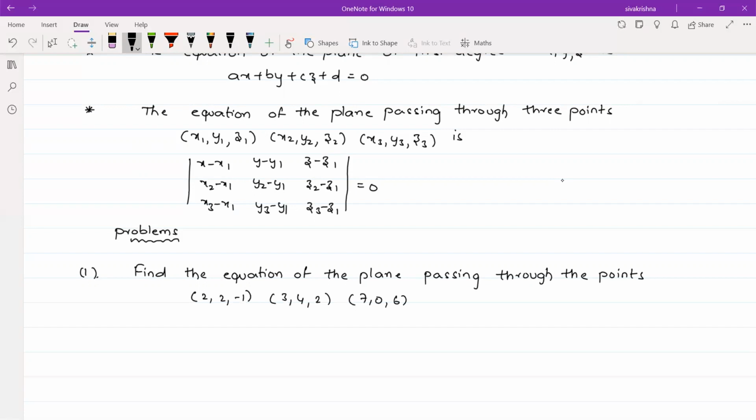Now we have to find the equation of the plane passing through these 3 points. We have already given the formula to find the equation of the plane passing through 3 points.